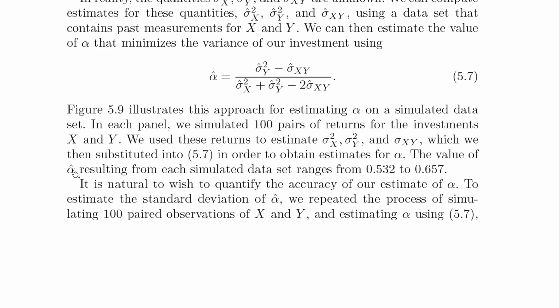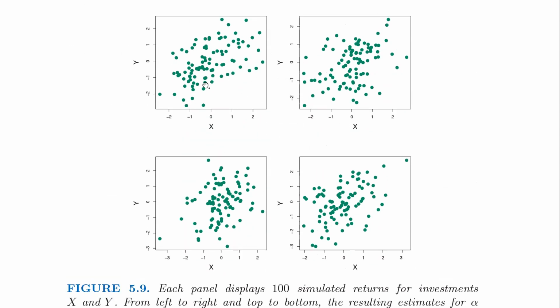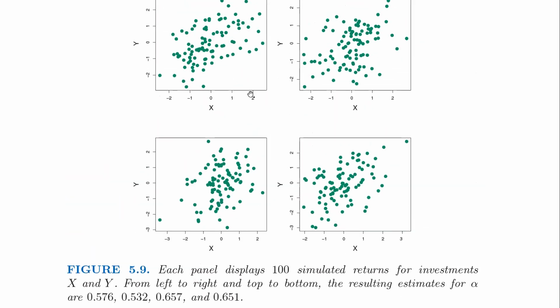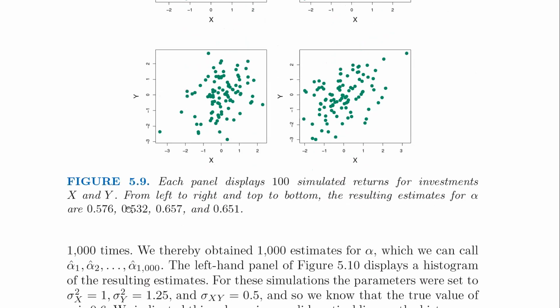The value of alpha hat resulting from each simulated data set ranges from 0.532 to 0.657. So if you evaluate this expression for each of these four data sets, the great thing is that instead of calculating one alpha, these four are giving us, in many ways, a confidence interval, aren't they?